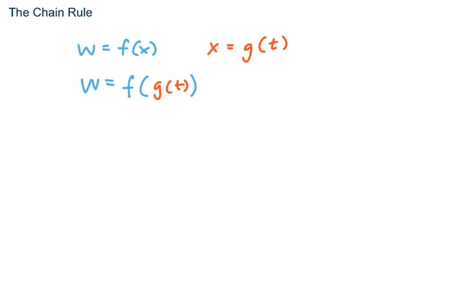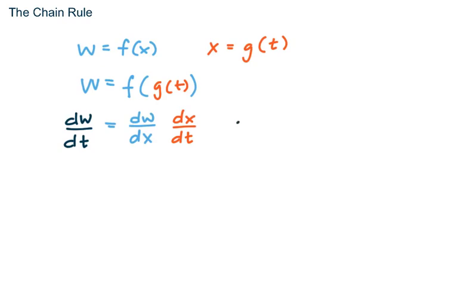And the derivative of a composite function, in order to find that, we're going to need to use the chain rule. So if we wanted to find the derivative of w with respect to t, well, w is a function of x, so that derivative would be dw dx, then times x being a function of t, we would have dx dt, right? Derivative of the outside times the derivative of the inside.